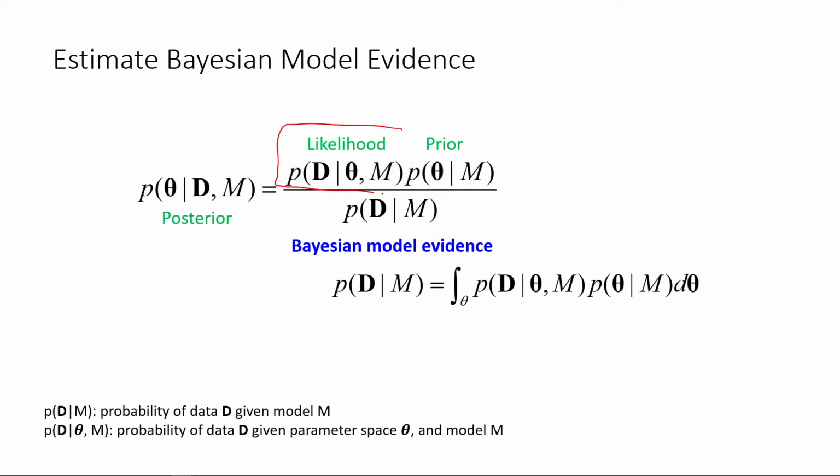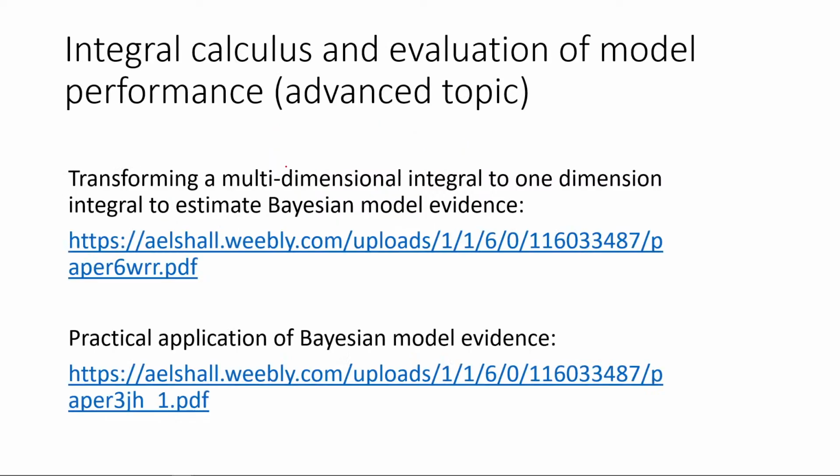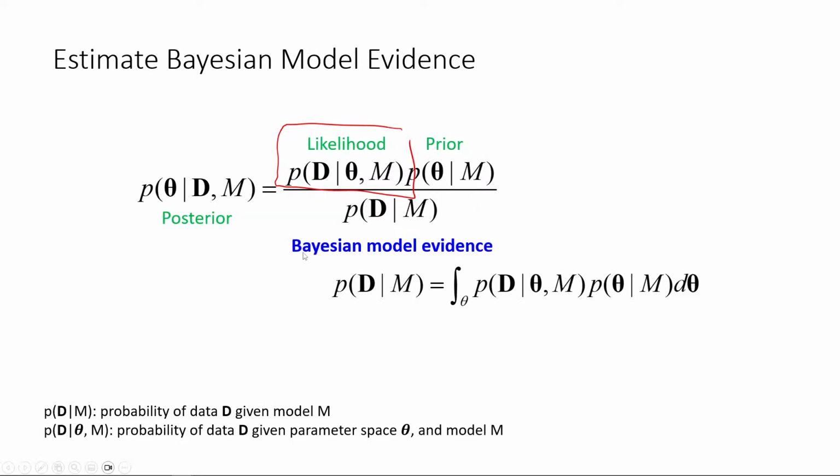This is the likelihood. Basically, this is telling you the probability that this model, given this parameter, will reproduce this data that we are observing in the field.